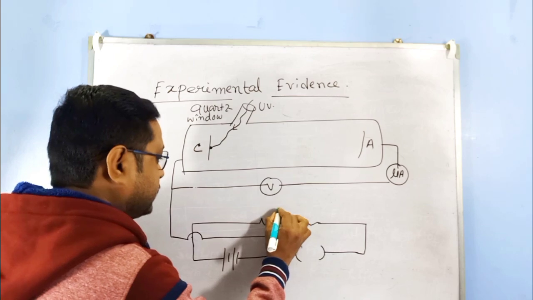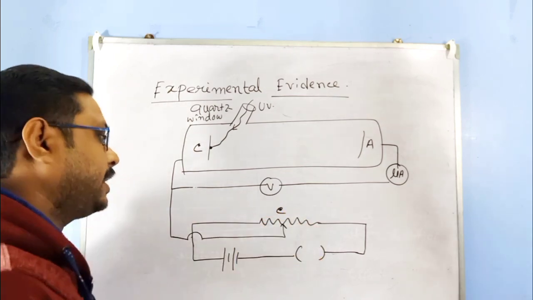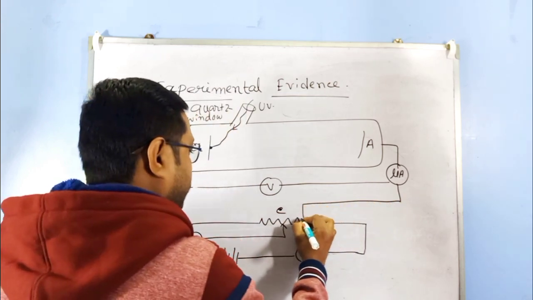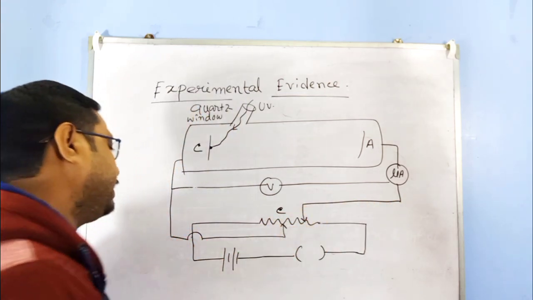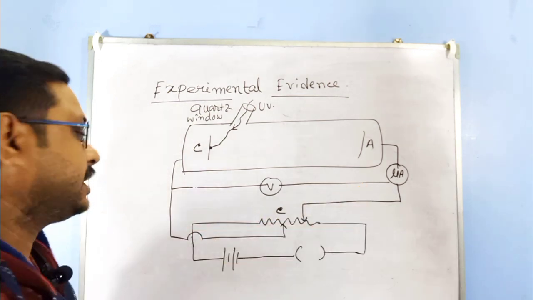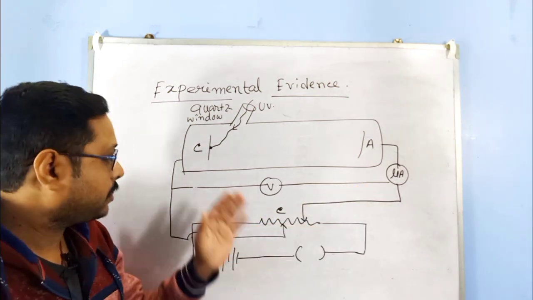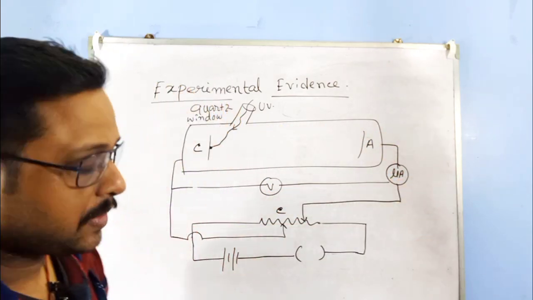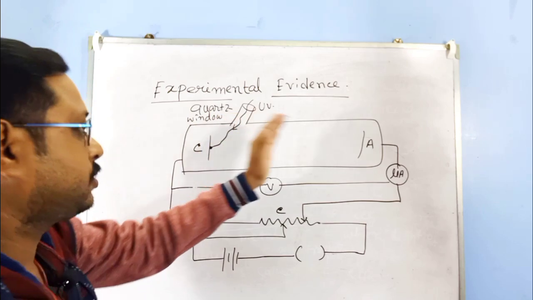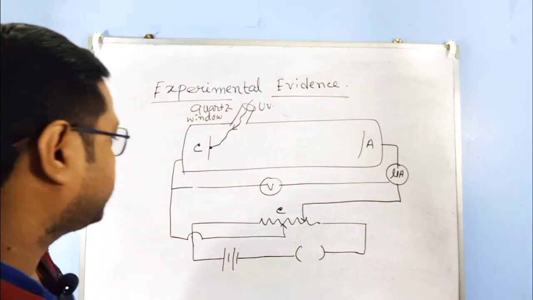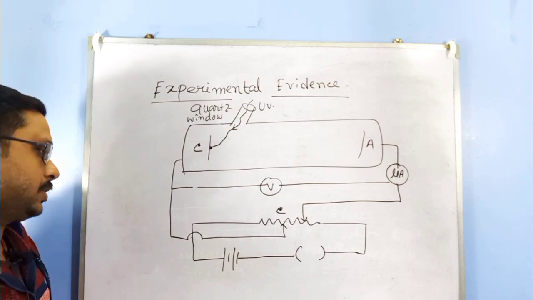If this is C, then this is the midpoint of the divider, and the anode is connected to a variable length of this potential divider to change the potential of the anode. The anode-cathode potential is fixed and the anode potential is changed. It is sometimes positive to the cathode and sometimes negative to the cathode. So, this is the experimental procedure.